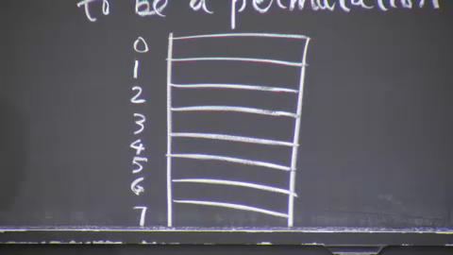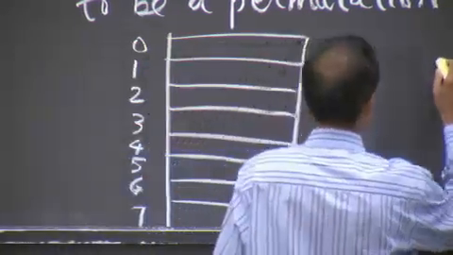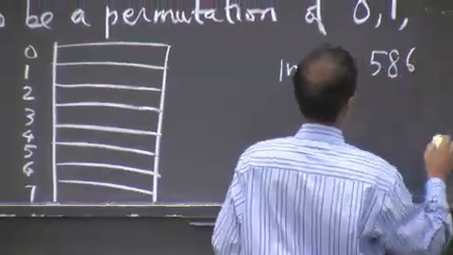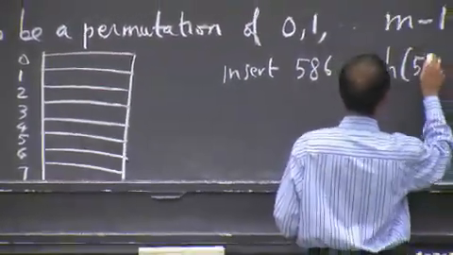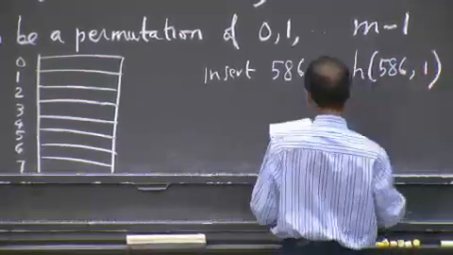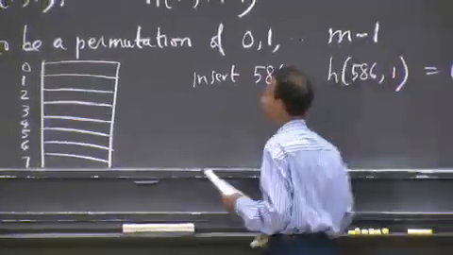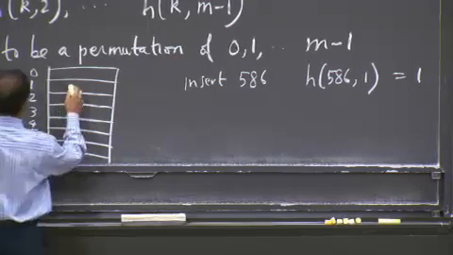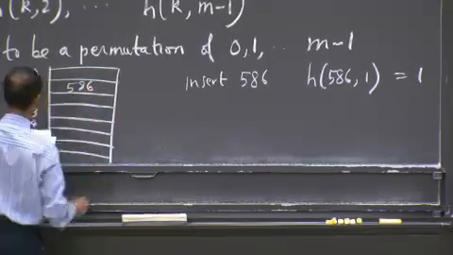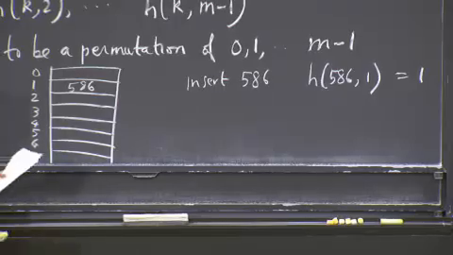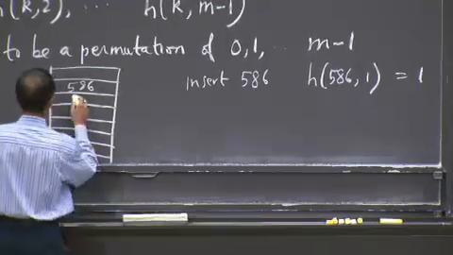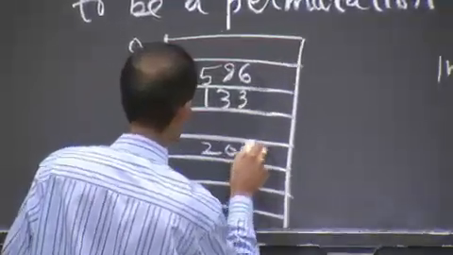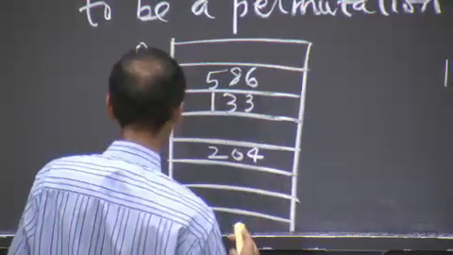So let's say that I want to insert 586 into the table, and I compute h of 586, comma 1, and that gives me 1. Okay? This is the first insert. So I'm going to go ahead and stick 586 in here. All right? And then I insert, for argument's sake, 133. I insert 204 out here. And these are all things because the hash table is empty.